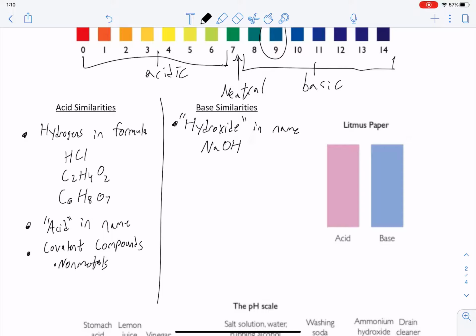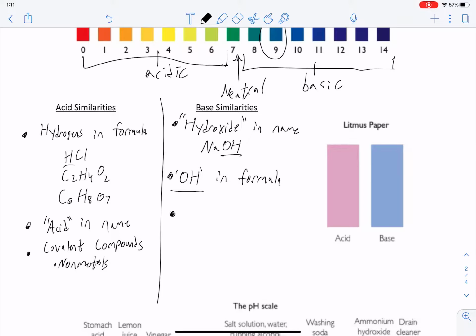And if we look at the formula, and we'll see this for pretty much all basic solutions, they all have that OH, which is called hydroxide, in them. All right, so the OH is a good indicator that it's a basic solution, and the hydrogen is a good indicator that it is an acidic solution.